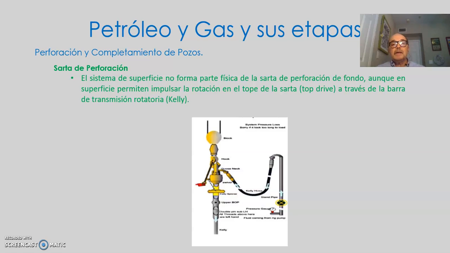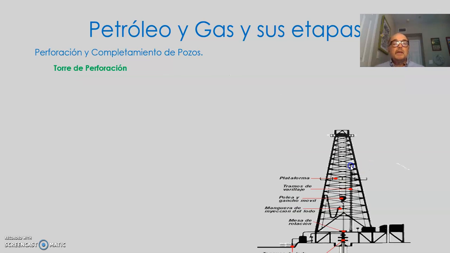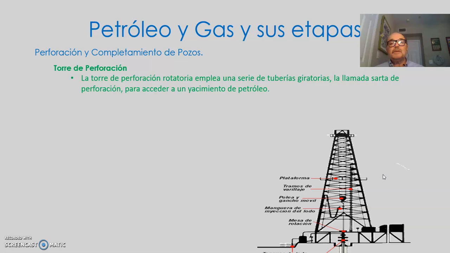And the Kelly is a part of the drilling string that makes sure the string is rotated the right way, and also we pump the drilling fluid through it. So the drilling derrick is what sustains all the weight as we rotate that drilling string, as we access the reservoir.